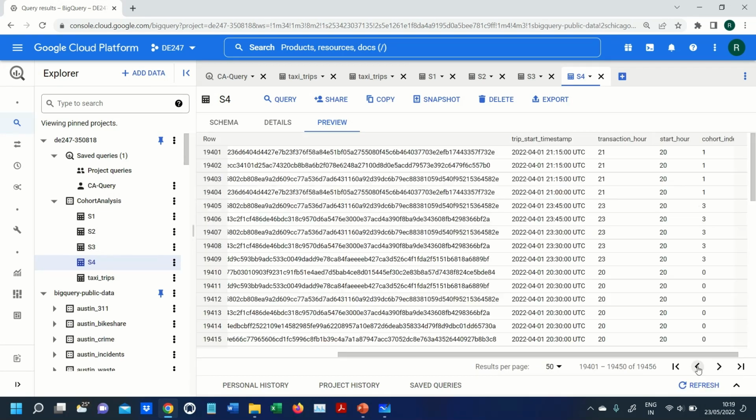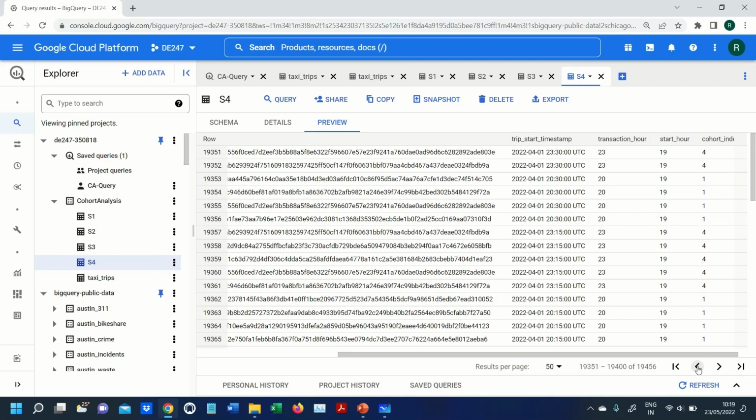If I go here, yeah, so we have some cases. For this taxi, the transaction is in the 23rd hour, and it started at 7 p.m., so the start hour is 19. If you express its transaction hour in terms of the start hour, the cohort index is 4.